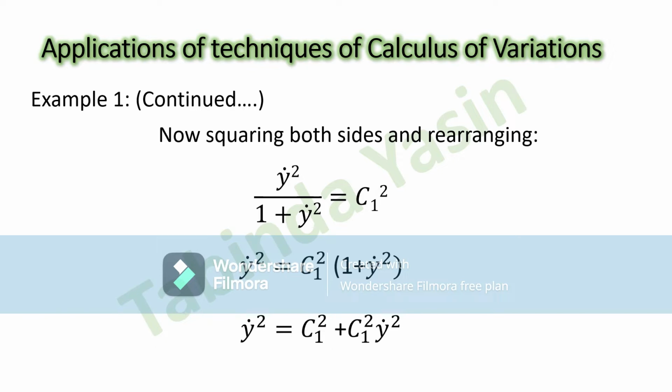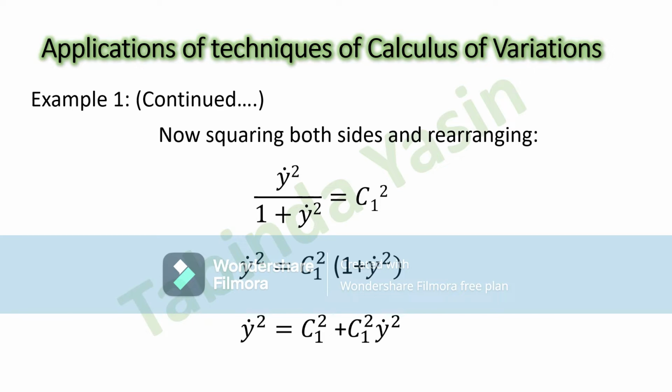We squared both sides and, rearranging, we got C1 square is equal to y dot square over 1 plus y dot square. Then y dot square is equal to C1 square times bracket 1 plus y dot square bracket close.